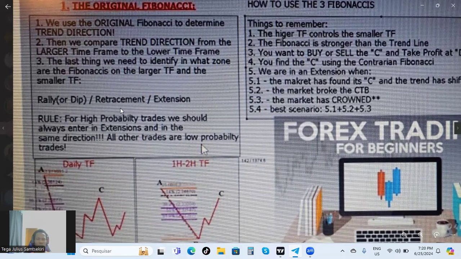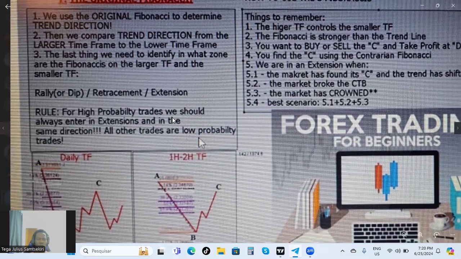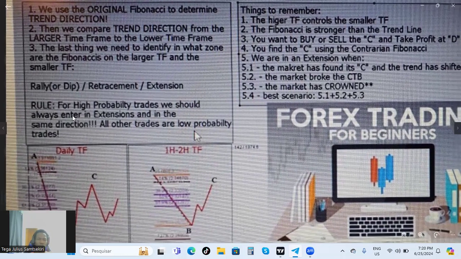Maybe it is rallying, it is in the retracement, maybe it is in an extension. We need to identify that. And the rule for high probability trades: we should always enter in extensions and in the same direction. All other trades are low probability trades.